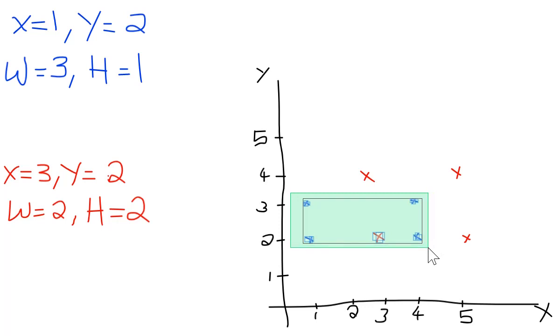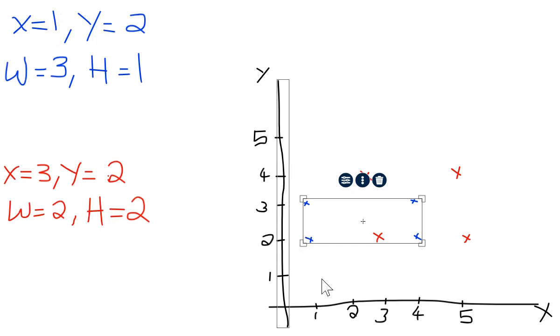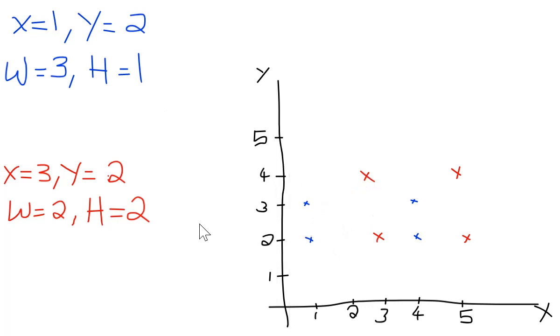This is one rectangle, marked in blue, and the coordinates are 1, 2, and the width is 3. So it starts from here and goes all the way to 4, and the height h is equal to 1, going up to 3.